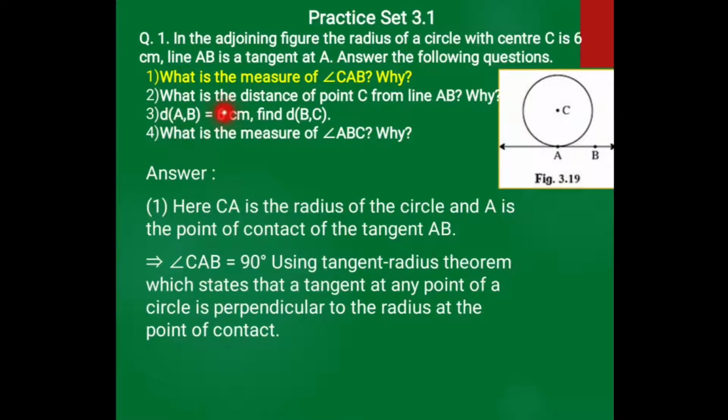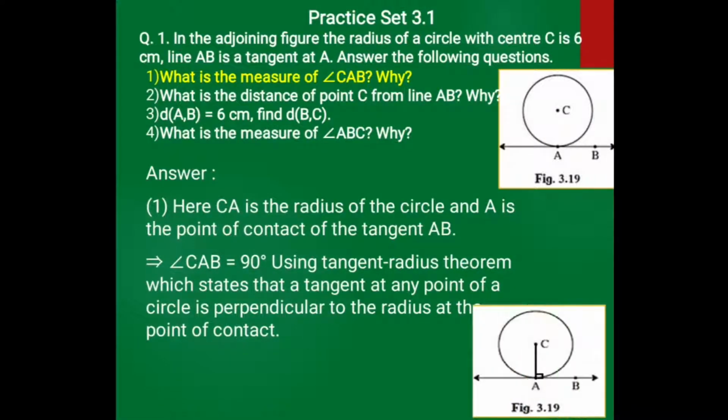Now second, what is the distance of point C from the line AB? We have to find the distance of point C from line AB. That means the distance must always be the perpendicular distance. So see here, this CA is the radius of the circle.